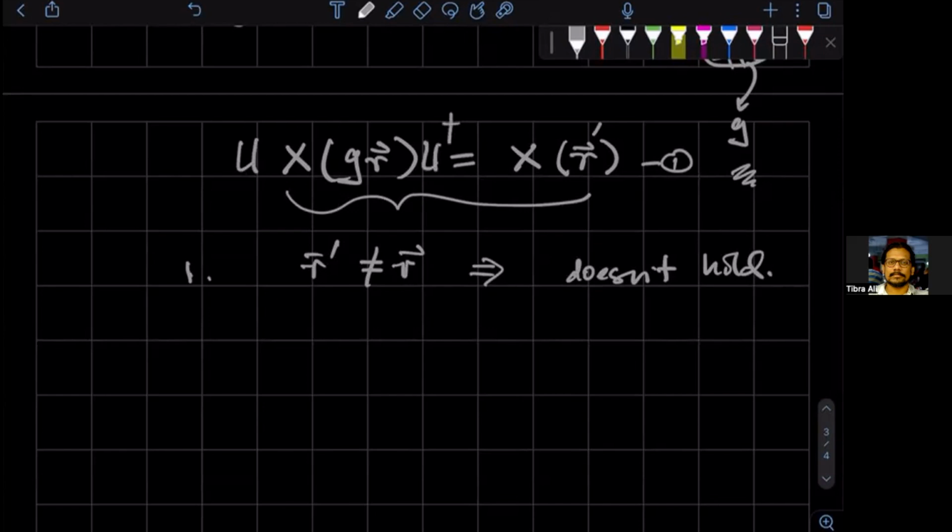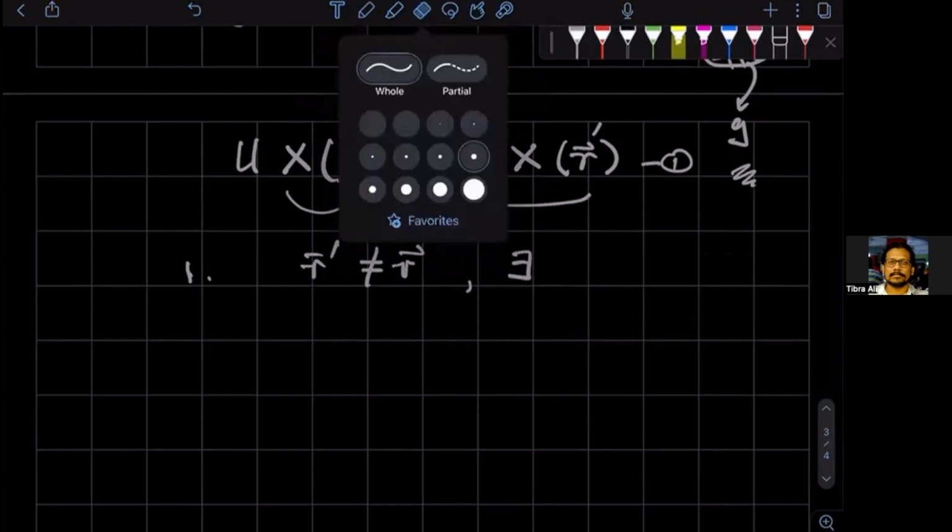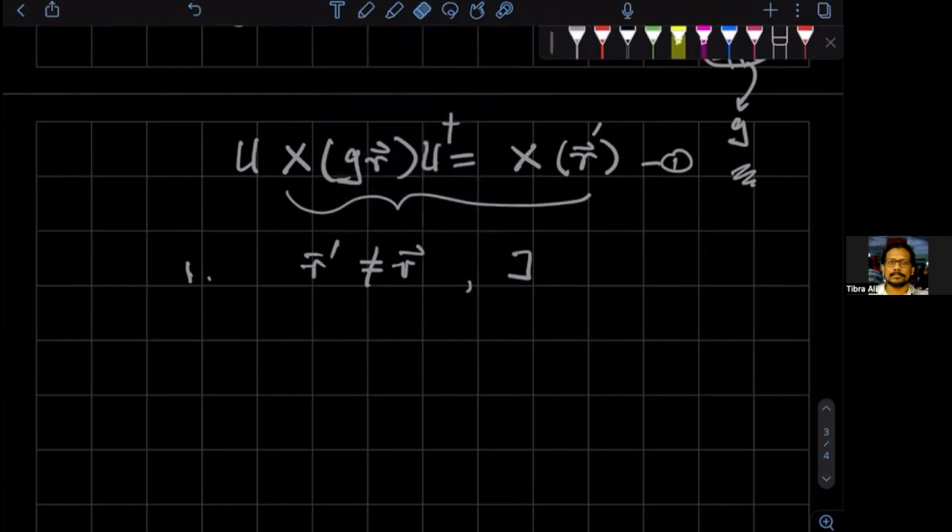We want to show that if our map is not onto, then if R is not equal to R prime, then there should exist, or, I think I would say, if R is not equal to R prime, then U is identity.